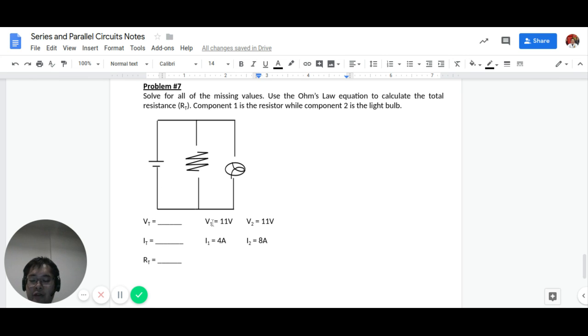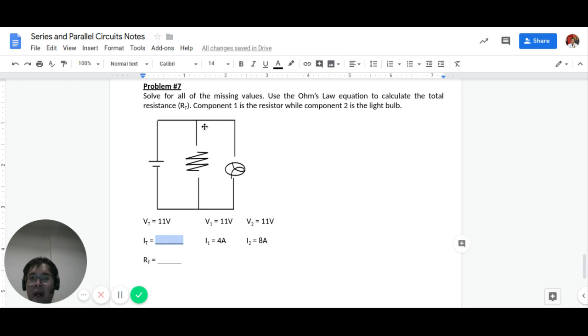If you look at the first component here, it is 11 volts. If you look at the second component, it's also 11 volts. So that will tell you V1 equals V2, and 11 volts would be our answer for the total voltage. The next one here is current. And of course, current is different because you have an additional branch.